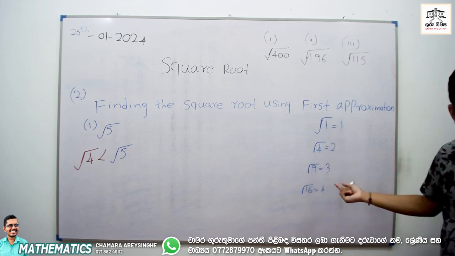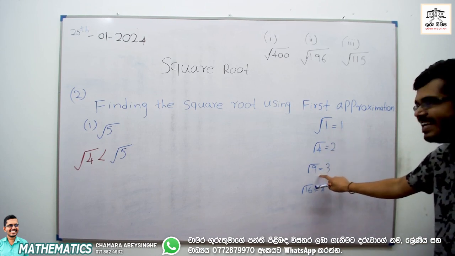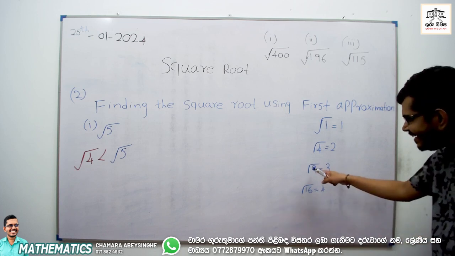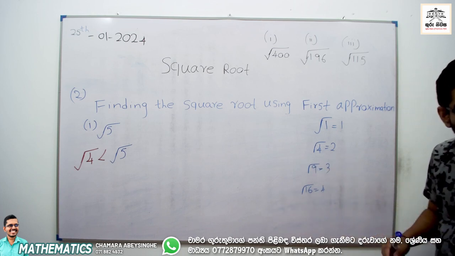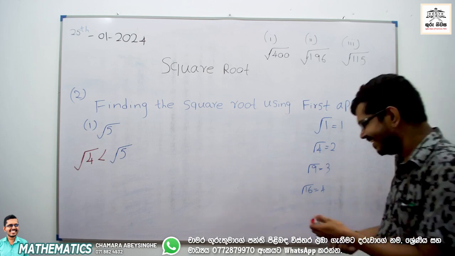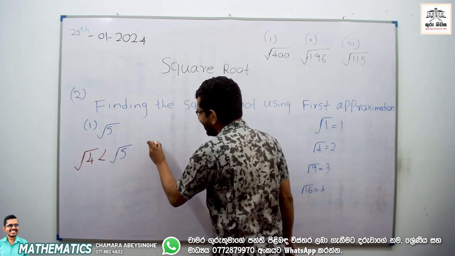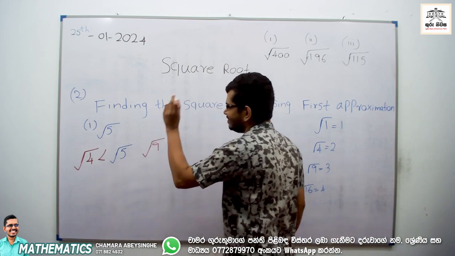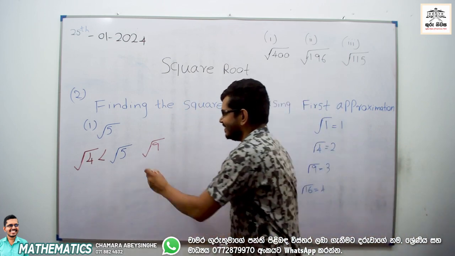Now 4 we can't get, 4 is not greater than 5. 9 is the nearest greater than number whose value we know. So in right hand side we can get the square root 9.